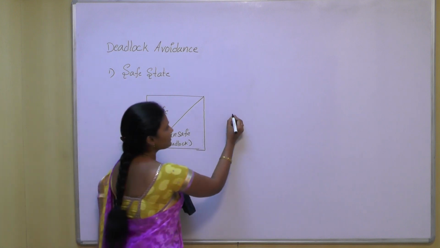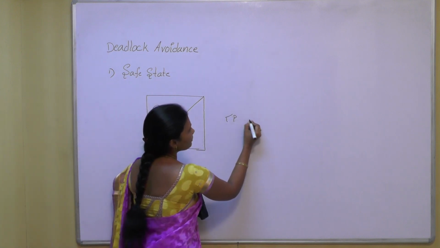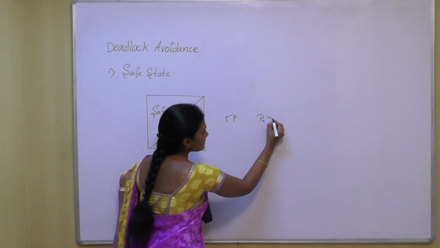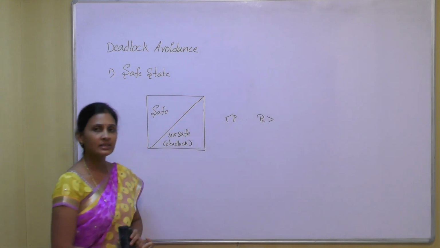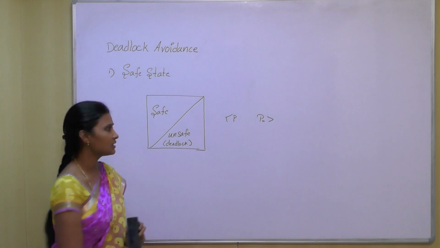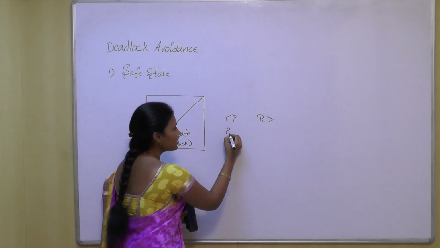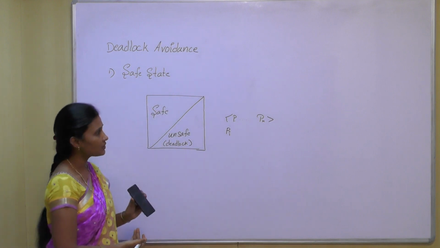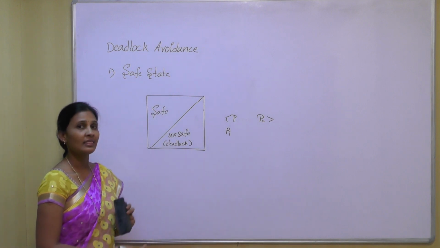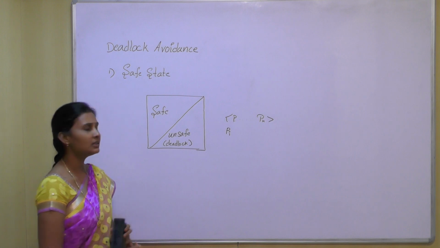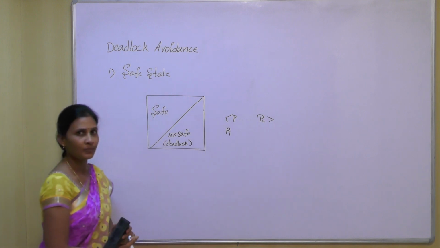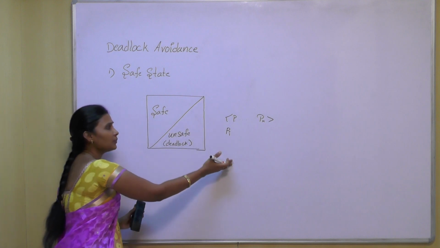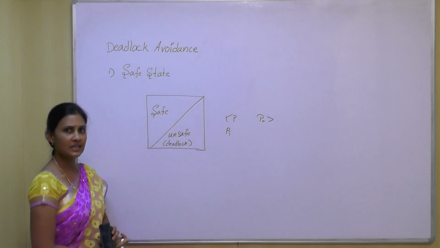Let us consider processes P1 to Pn as a safe sequence. It is called a safe sequence if, for each process to finish execution, any resources it requests can be satisfied by the number of available resources.